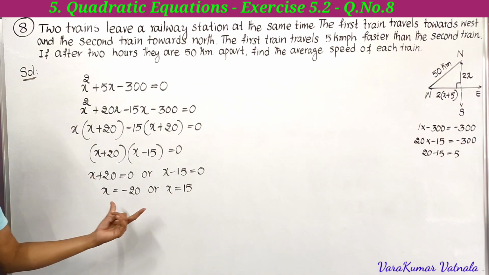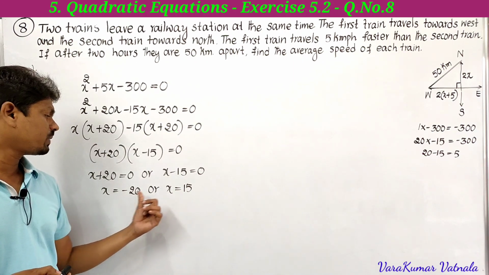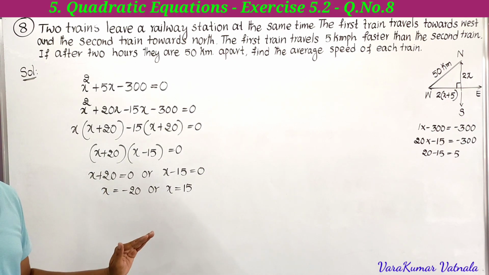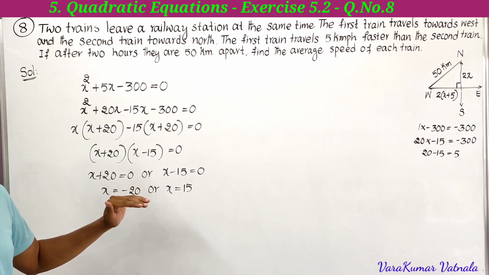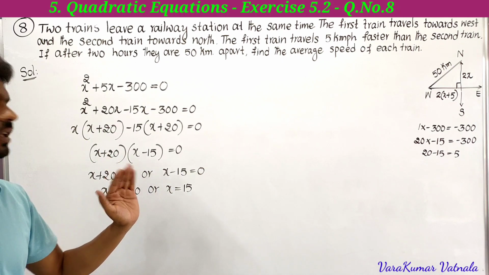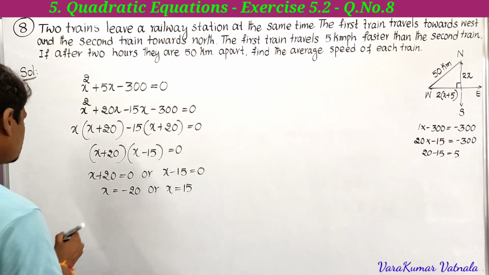Now we have two values for x, x equal to minus 20 and x equal to 15. What is x here? Speed of the train. Since x is the speed of the train, it must be positive always. Therefore x equal to 15.